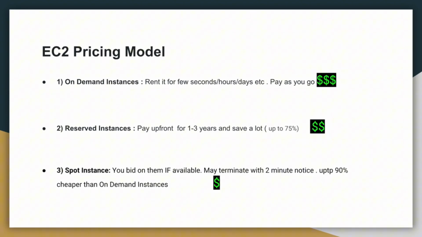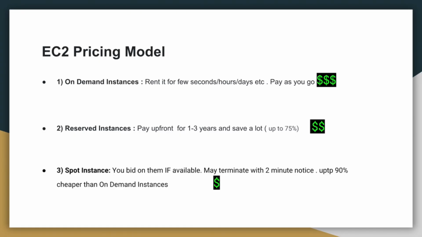And if you knew that you need an EC2 instance for an extended period of time from at least 1 year, then you would probably want to reserve your EC2 instance. When you reserve EC2 instances, you pay upfront for 1 to 3 years, and the more upfront you pay, the longer the term is, you end up saving the most.